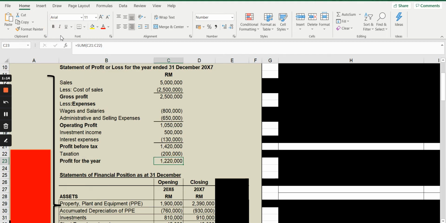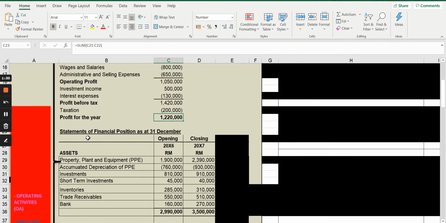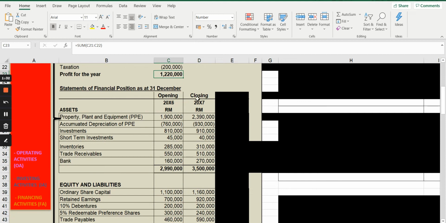And the profit for the year is also called net profit after tax, right? So you can see that there are the wages, salaries, operating profit, income, expenses, and all the interest together with the taxation. At the bottom of that statement, you have a statement of financial position with 2 years given.